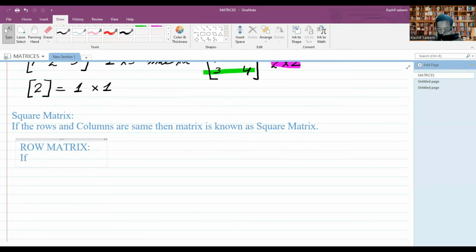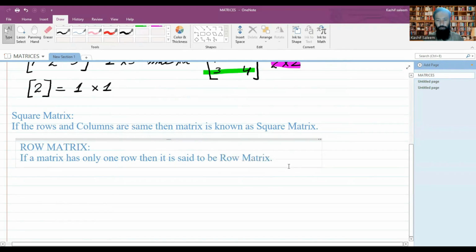If a matrix has only one row, then it is said to be a row matrix.